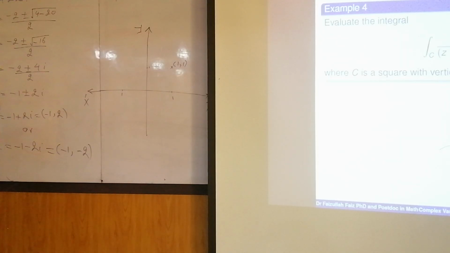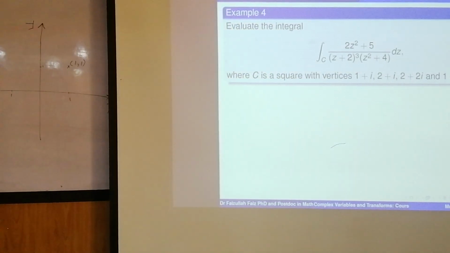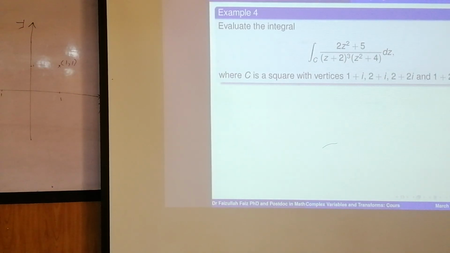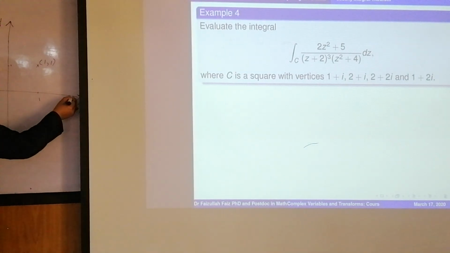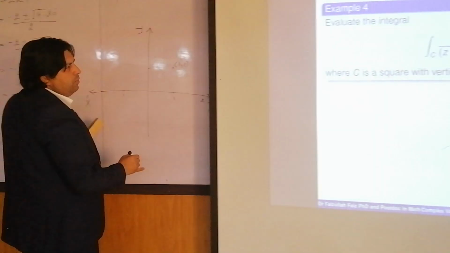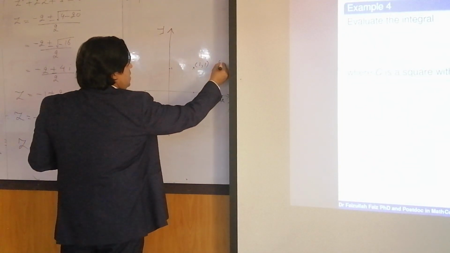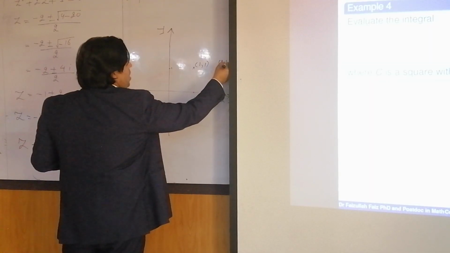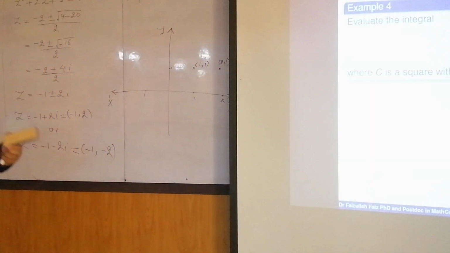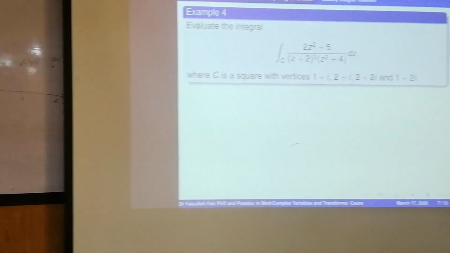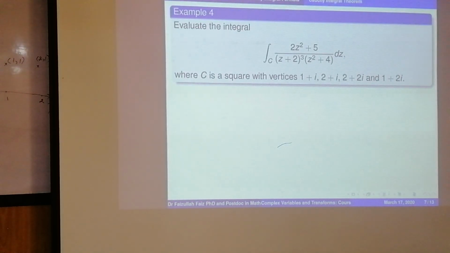Now we have to draw 2 + i. 2 + i means x is 2 and y is again 1. So this point lies here. This is the point (2, 1). Now we draw the next point, which is 2 + 2i. x is 2 and y is also 2.